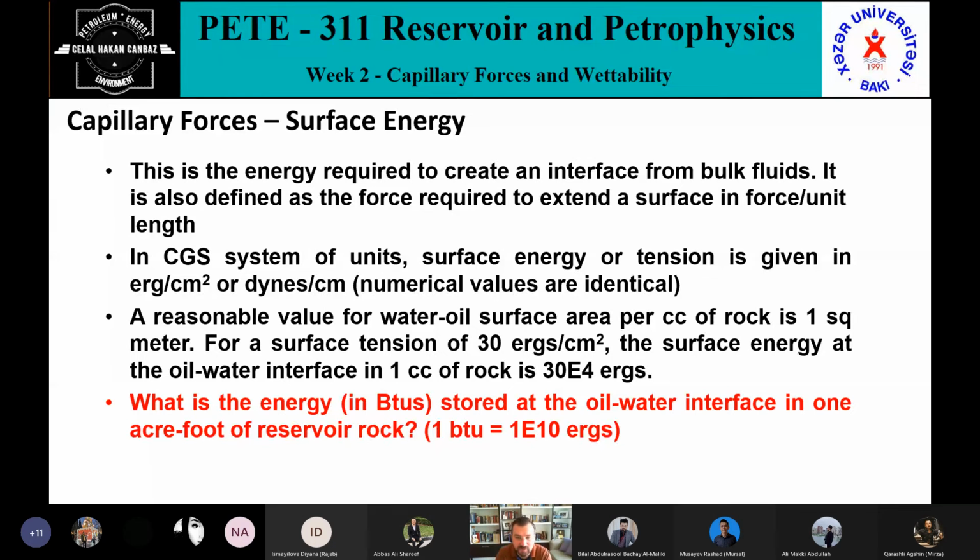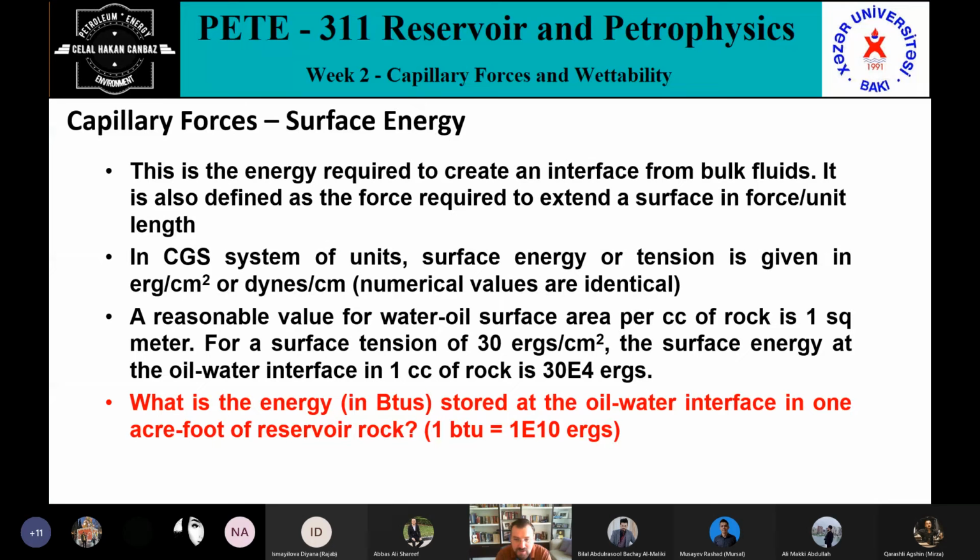In the CGS system of units, surface energy or tension is given in erg per centimeter square or dynes per centimeter. Numerical values are identical. So a reasonable value for water-oil surface area per cc of rock is 1 square meter.